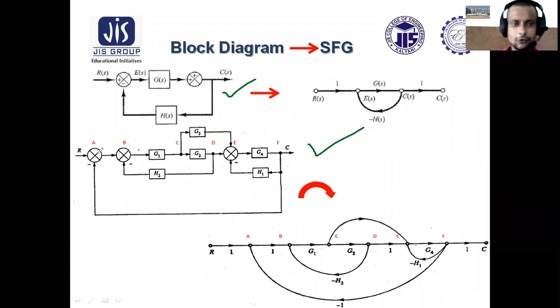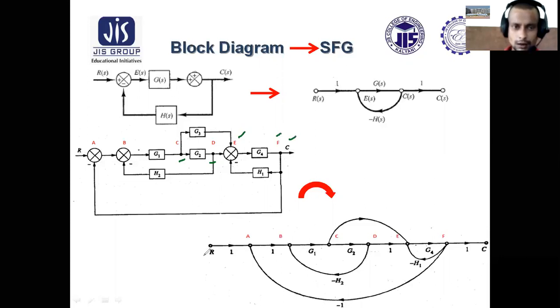See here, for simplicity I've marked all the summers and takeoff points: summer A, summer B, takeoff point C, takeoff point D, takeoff point E, takeoff point F, and the output node.